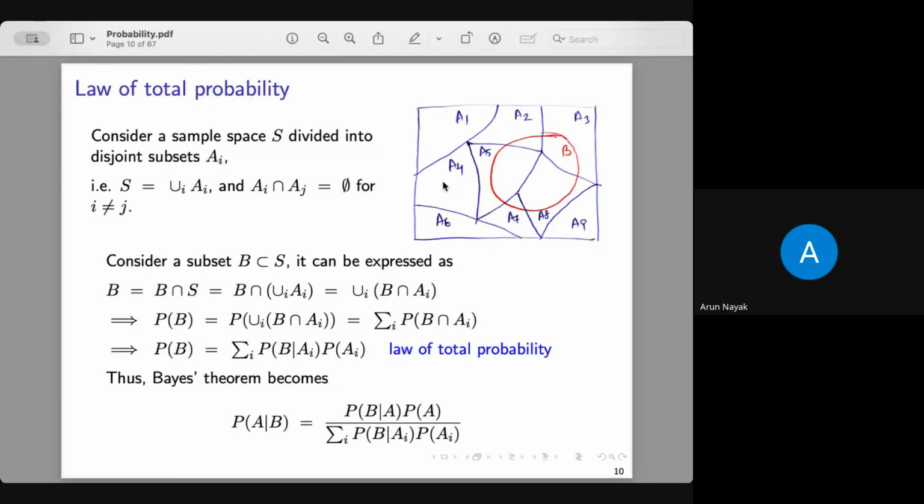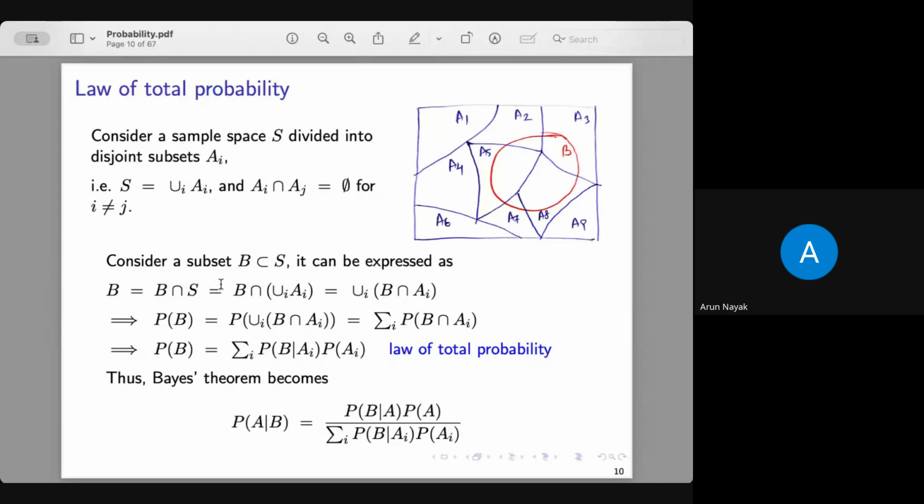Now consider some subset B, which is a subset of S. Then you can write B as B and S, or B and the union of all A_i, which is the union of B and A_i, right? Then if you do this algebra, what you get is that the probability of B is simply the sum of probability of B given A_i times probability of A_i. This is called the law of total probability.